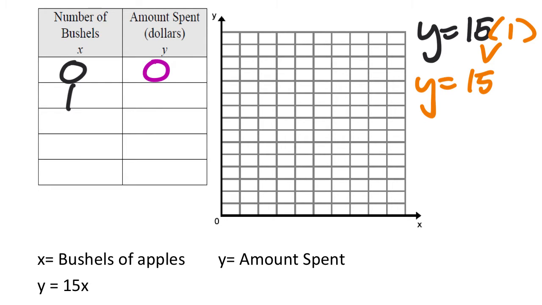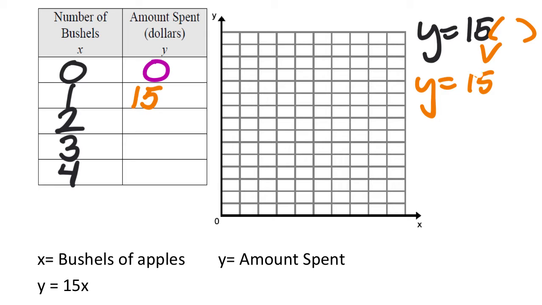So when you buy 1 bushel, it would be 15 bucks. And in fact, I'm just going to look at 1 additional bushel for each of these, so I'm just going to go up to 4. Now you could use other values if you'd like, but I think this is more clear. It's at least more clean on this one.